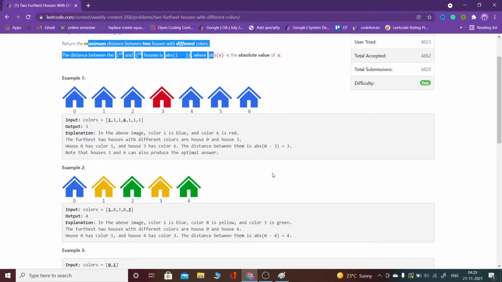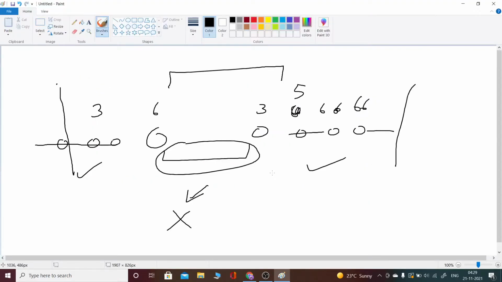Now I will tell the approach. What I am claiming is that either the first house or the last house should be in my answer. This is my claim. Now you might say that this won't be possible, there might be a maximum distance that is in between.